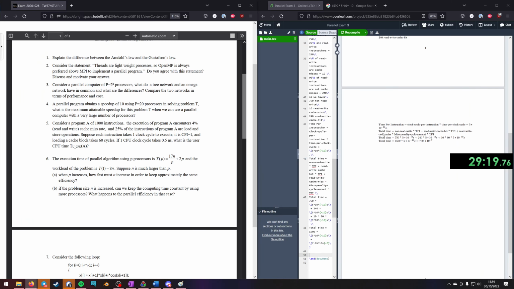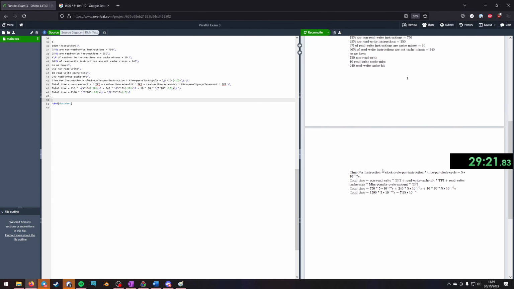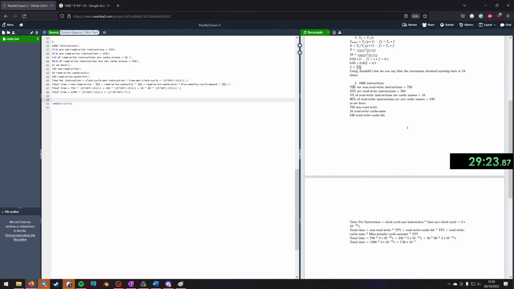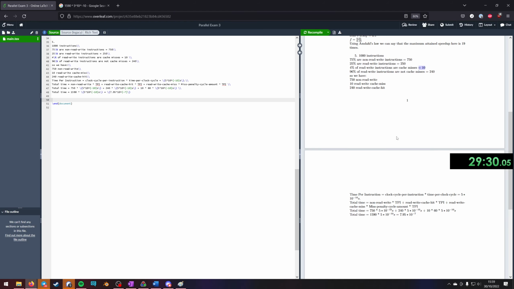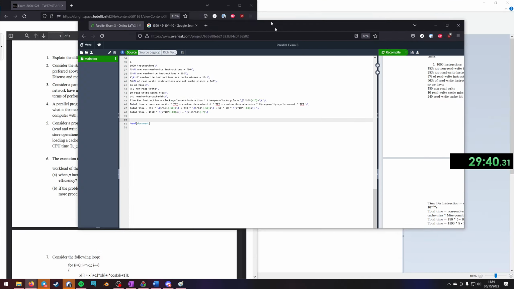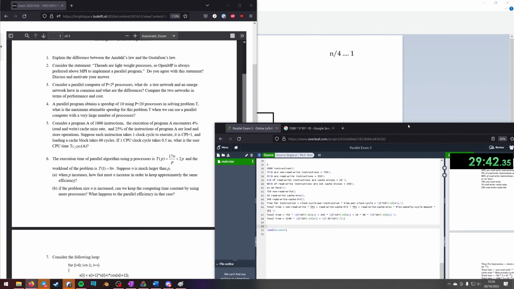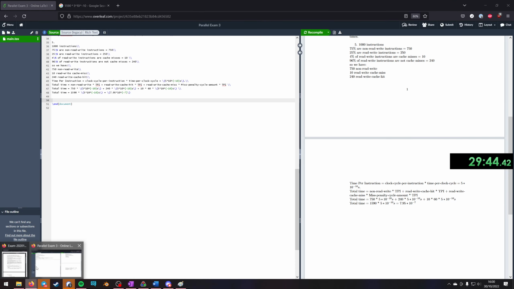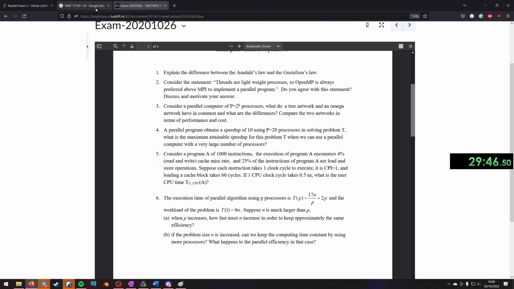I'm doing read operations times 4% for the misses, so that's 10, and then times the amount of cycles I do down here, where it's 10 times 60. So read-write misses times miss penalty cycle amount. So I do that. Pretty confident this is right. Lovely.